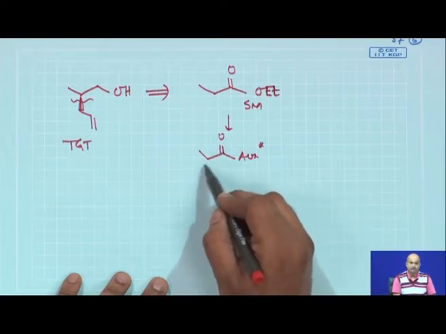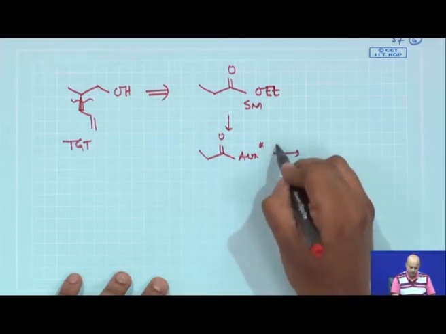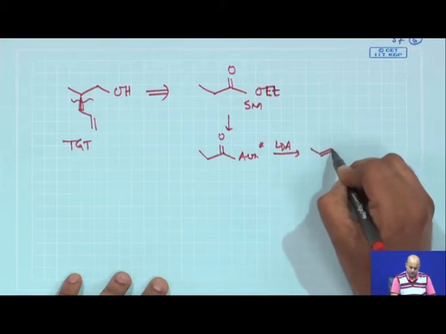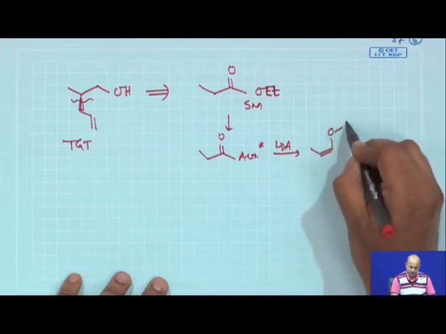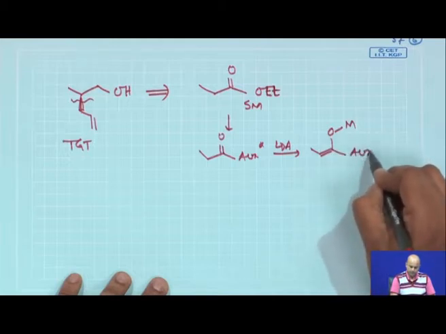So, enolate chemistry can be used. If I treat with a base, this compound will give you an enolate, O-metal, and the auxiliary remains here.